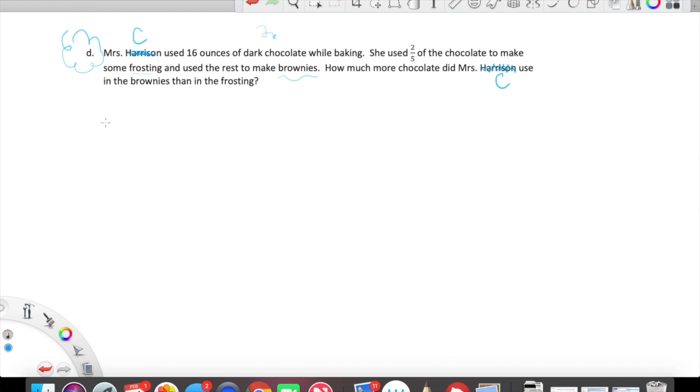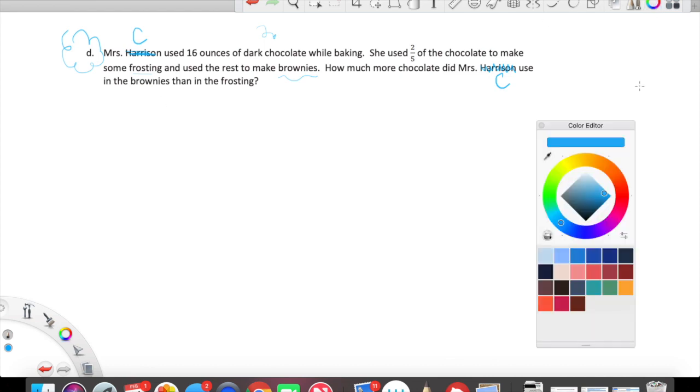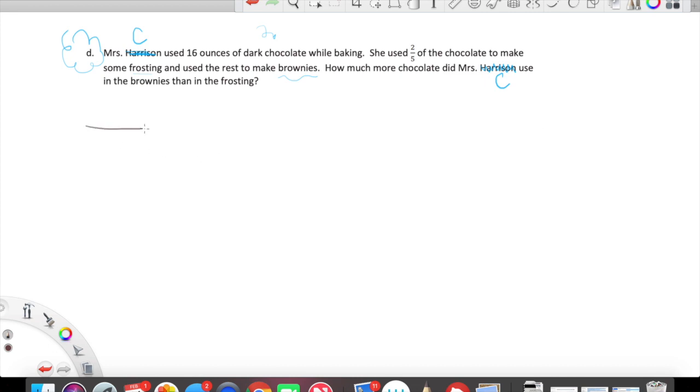I like this. Okay, let's obviously change our color to brown because we are talking about chocolate. I will be distracted if I use any other color. So this rectangle represents all of the dark chocolate that I used while baking. So this whole rectangle represents our 16 ounces.